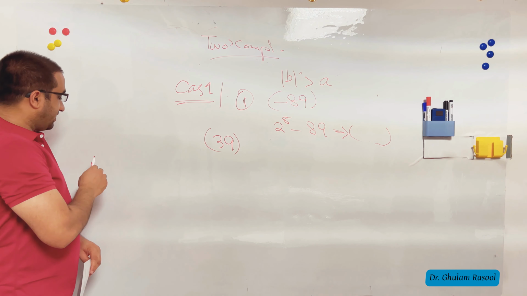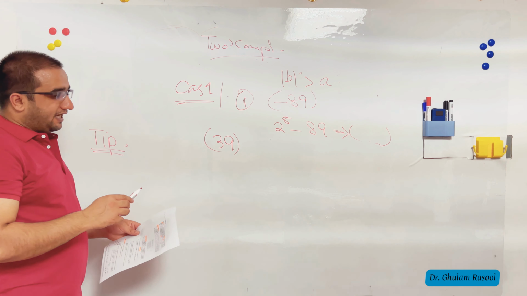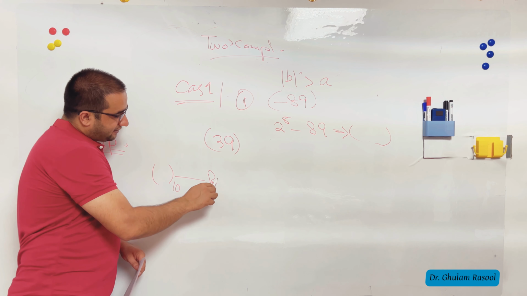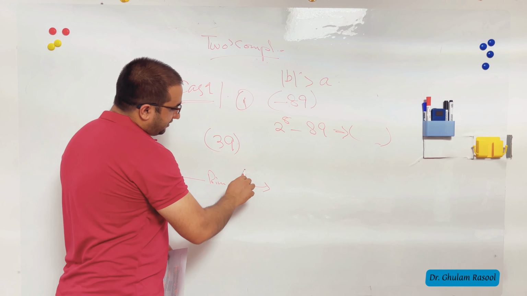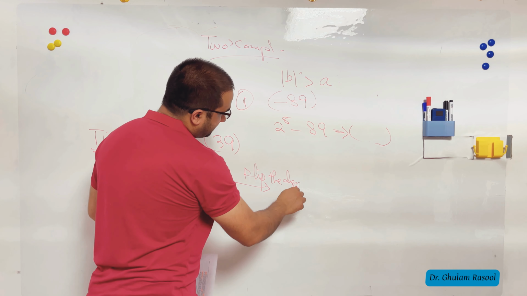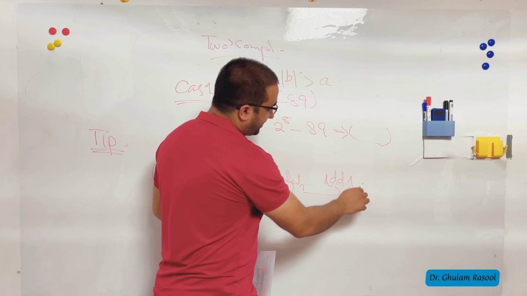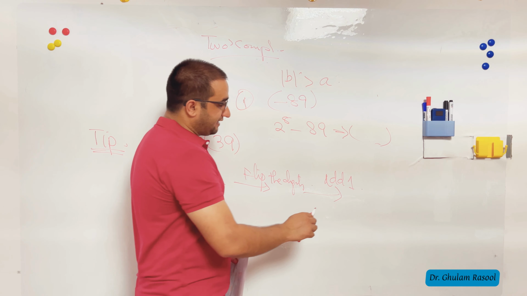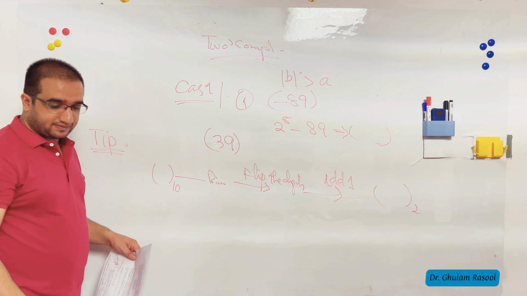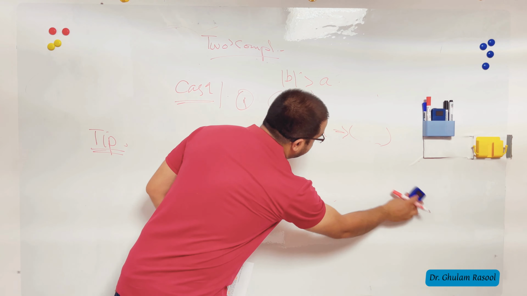And the other method was the shortcut, which I gave you as a tip: first you convert the decimal into binary, then flip the digits, and then add 1. And finally you get the 2's complement of that number. So this was the other method for doing this kind of mathematics.